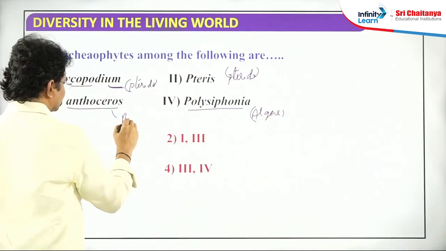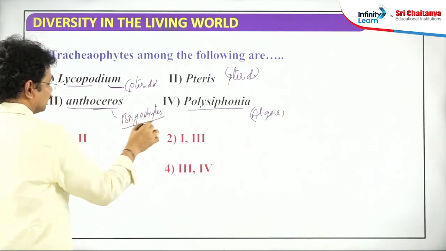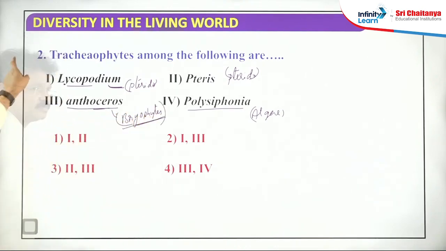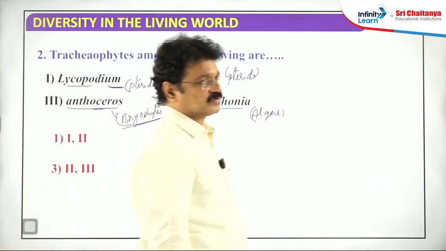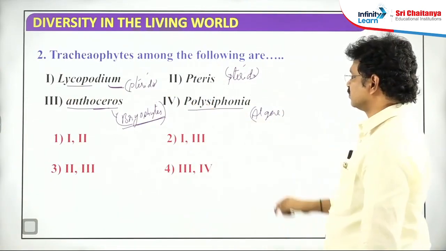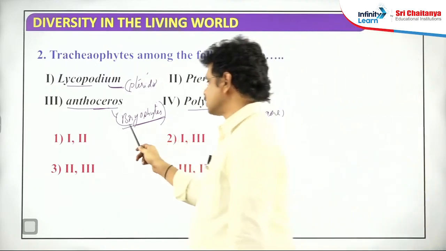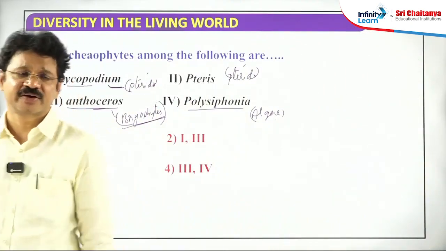Anthoceros is a member of bryophytes. You can choose the right answer based on this given information. Identify the tracheophytes from the following. Lycopodium is a pteridophyte. Pteris is also a pteridophyte. Polysiphonia is algae. Anthoceros is a member of bryophytes.